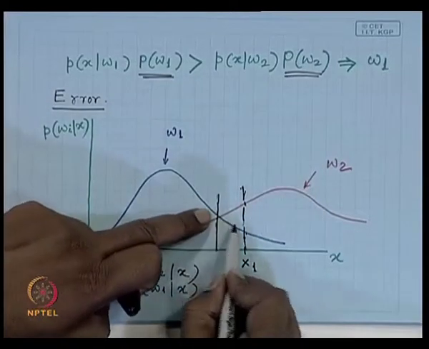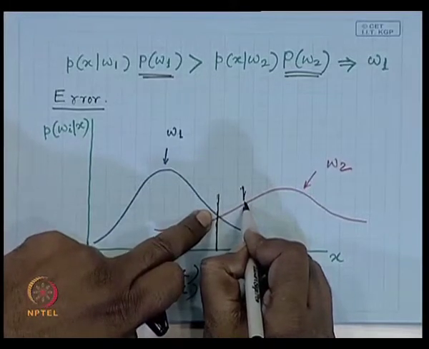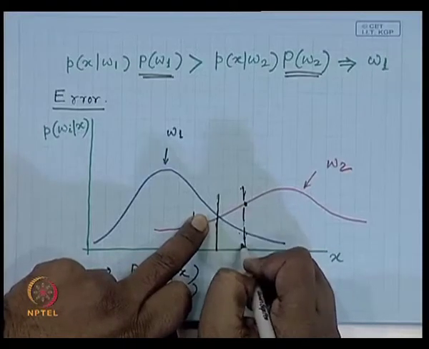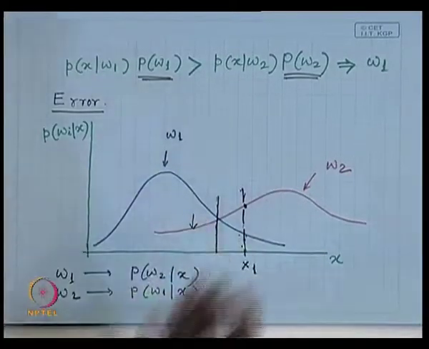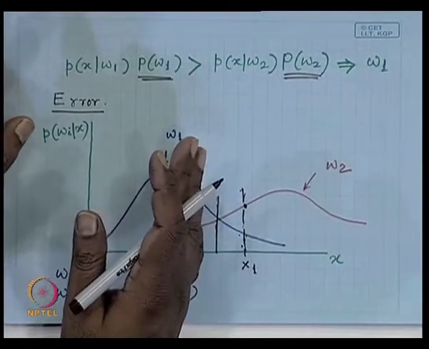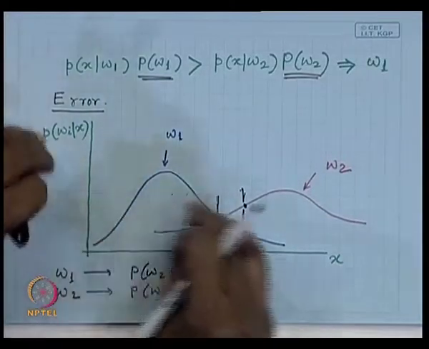Whereas, if I decide in favor of omega 2, then the probability of error is p of omega 1 given x, which is less than p of omega 2 given x. So, whatever decision that we take based on a particular observation x, the Bayes decision rule ensures that the probability of error is minimized.